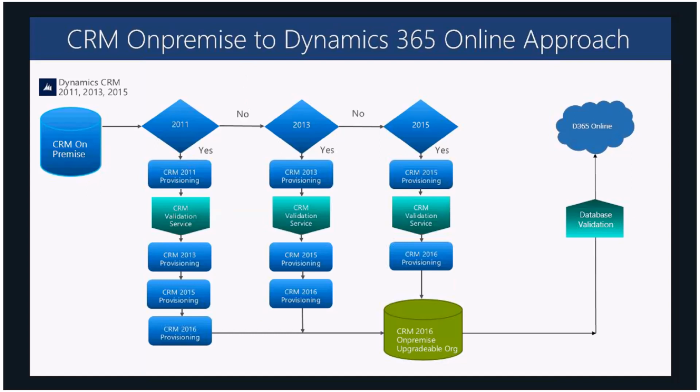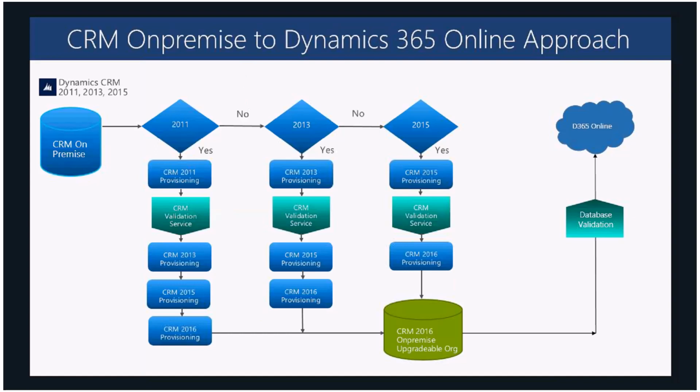Post that, the DB is upgraded to 2013 automatically by the tool itself, and then to 2015, and then to 2016. During this process, the tool makes sure that we minimally use each environment to minimize the cost that our customers incur on the Azure side of things. And every single time the work is completed in an environment, it's turned off.